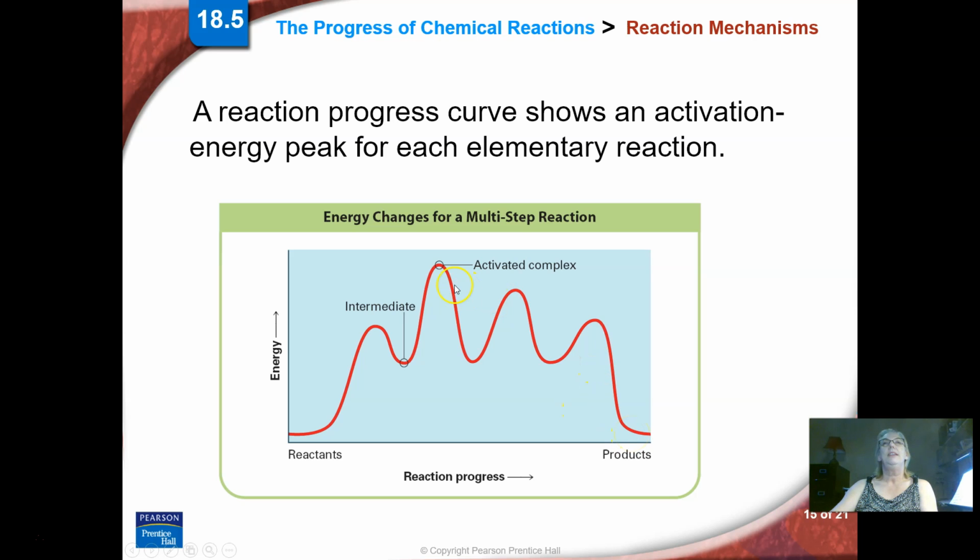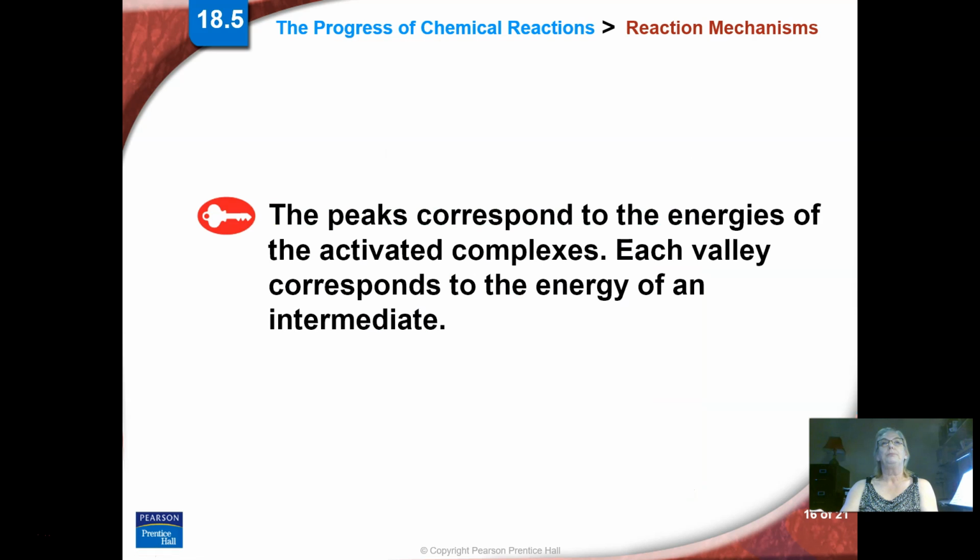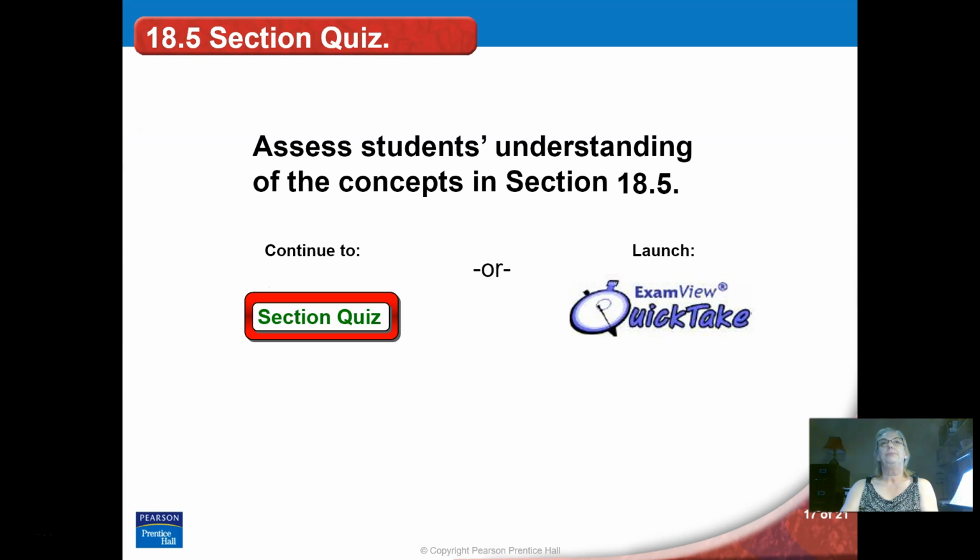We'll see the reactants and the products, but we generally don't see the activated complex unless we do a really complex analysis. The peaks correspond to the energies of the activated complexes, and the valleys correspond to those intermediates. We never see those generally unless we're doing really complicated analysis, but they're there.